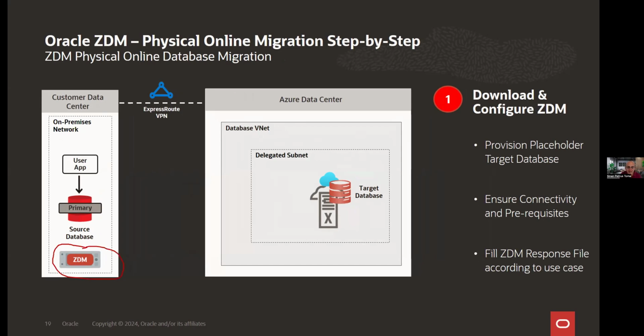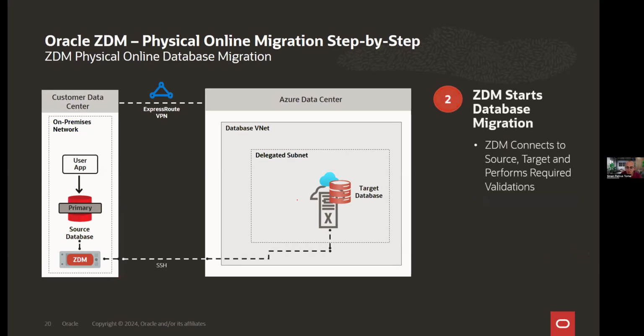It could be just an existing VM sitting somewhere on your on-premises data center, or if you don't have any resources there, you can even install it on a new VM in the cloud. This is up to you. It works either way. Important thing is this ZDM service host needs to have access to the source and to the target databases via SSH, and then you have to have SQL*Net connectivity between the primary and the target database, and vice versa.